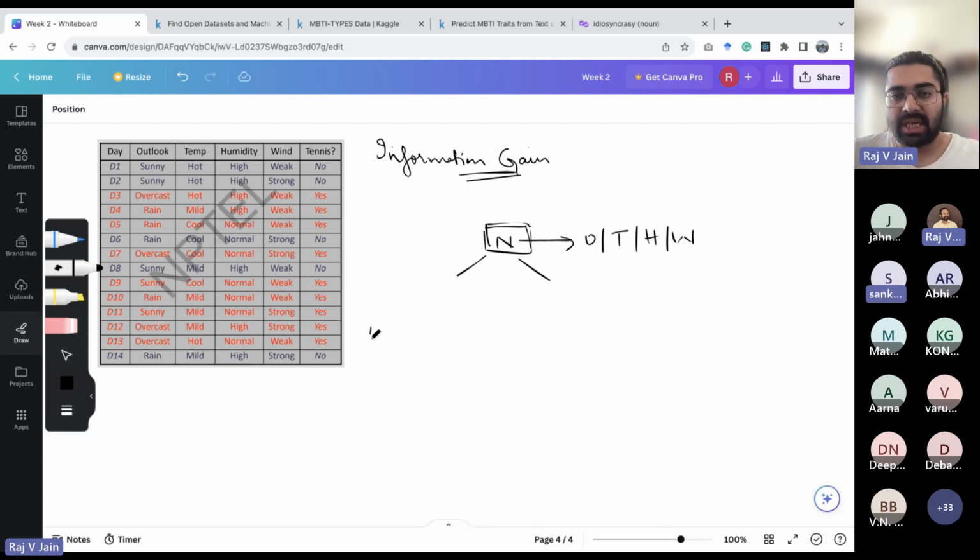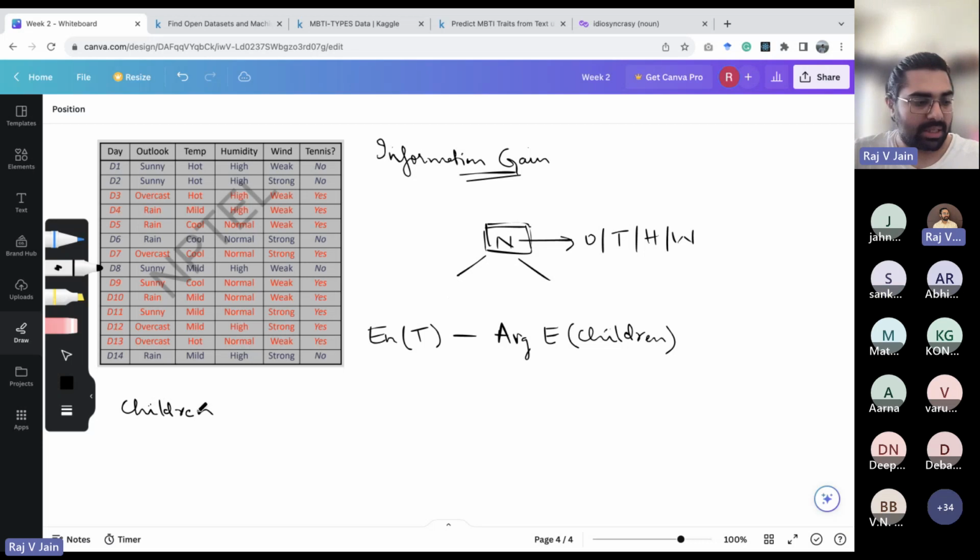So what I do is I look at the entropy of the tennis variable at this node, then subtract from that the average entropy of the children. And the children of a node, at least in the ID3 algorithm that we are discussing, are basically all possible values that the node can take.